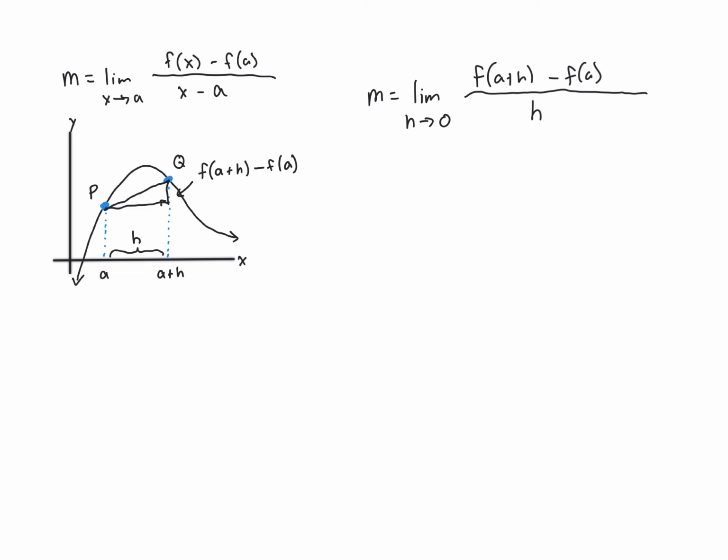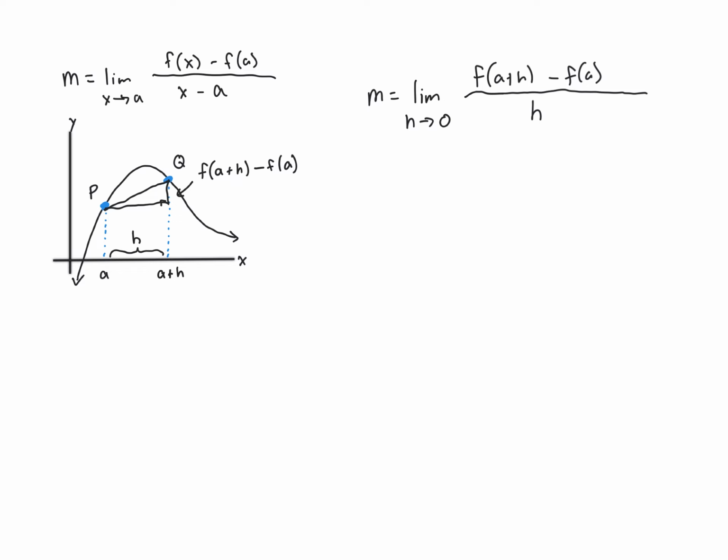And so this is another formula that we can use to figure out the slope of the tangent line. We can use either one of these formulas. They are equivalent. They'll give us slightly different algebra in the middle as we solve problems, but in the end, we will end up getting the same answer.